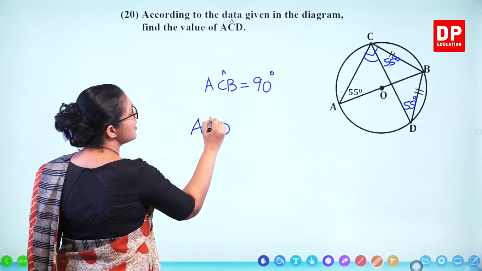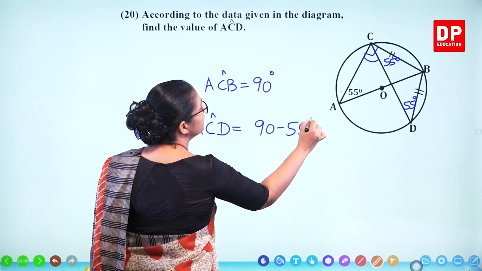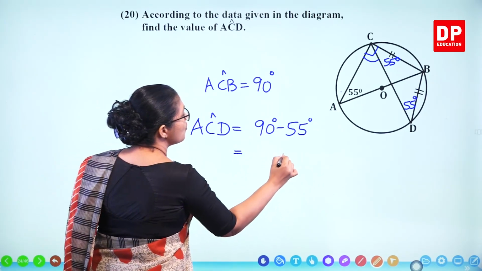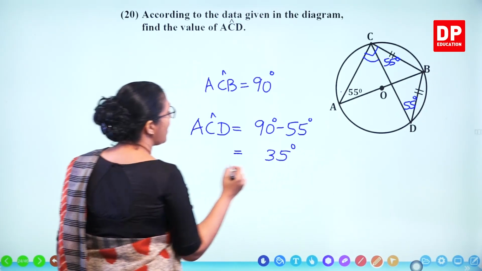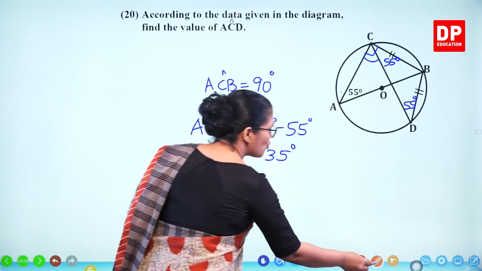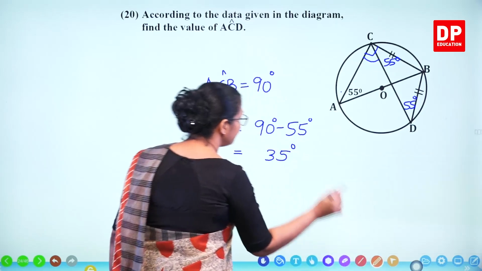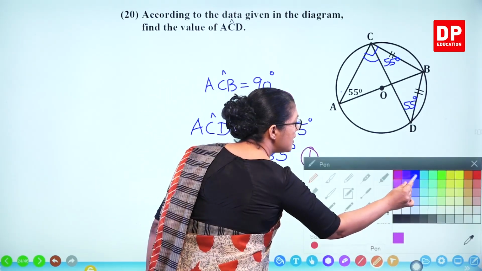You can straight away get that 90 minus 55. So you get 35 degrees is ACD. So 2 marks there. 1 mark for the method and 1 mark for the answer.